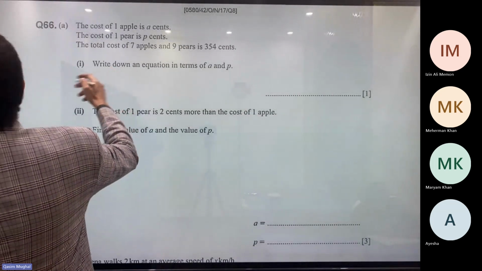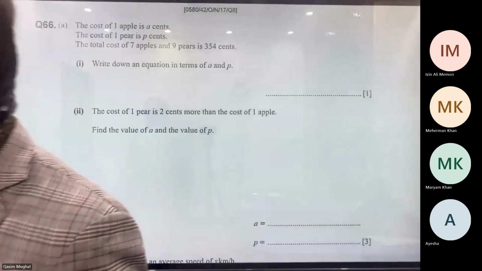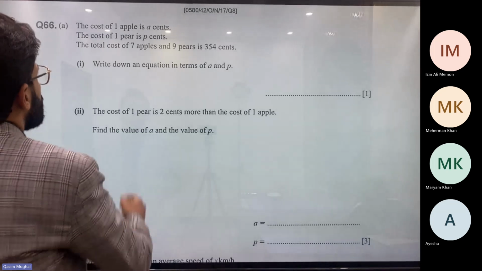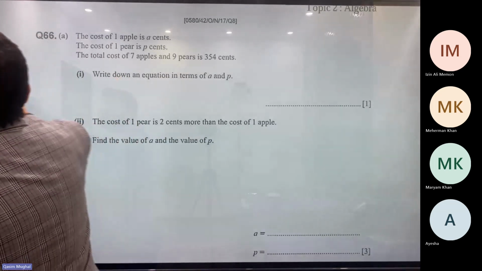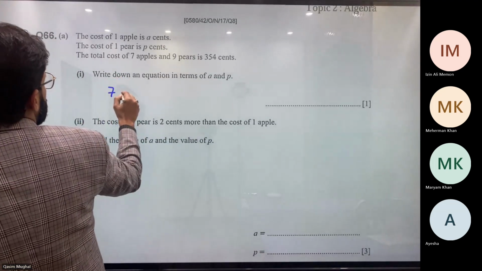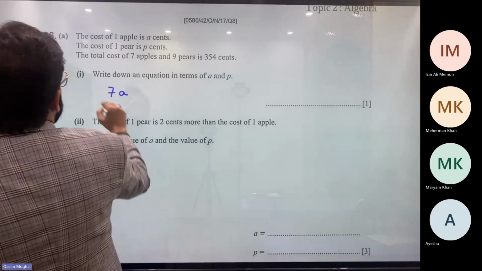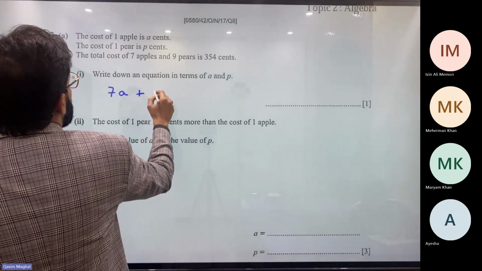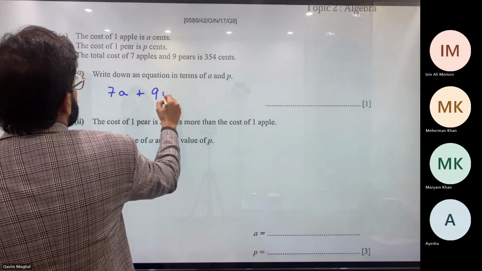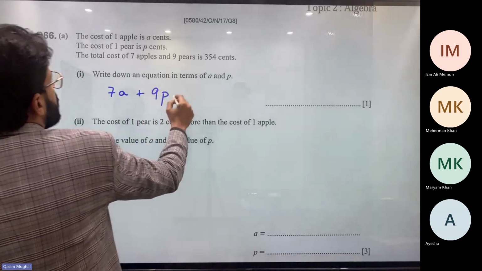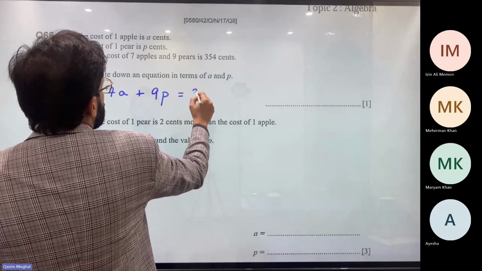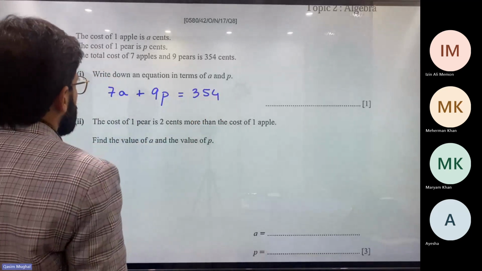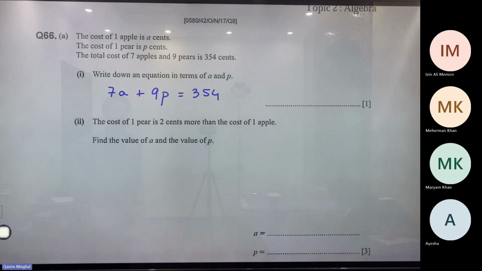One apple is A, so 3 apples cost 3 times A, and 7 apples cost 7A. 7A is the cost of 7 apples plus the cost of 9 pears, and the total is 354 cents. Okay, this is one equation.